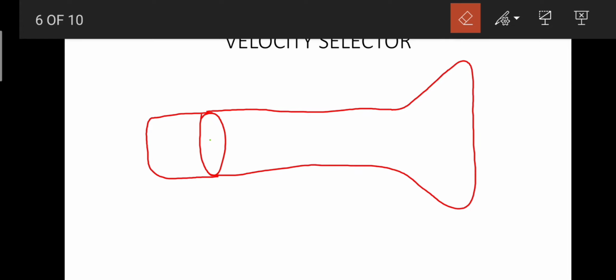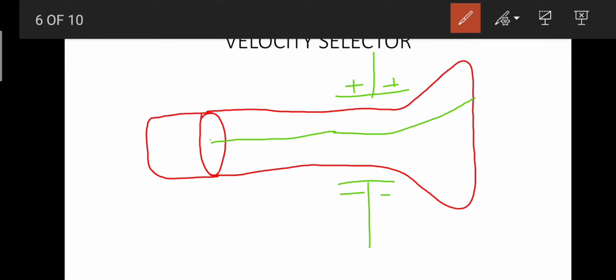Because of the effect of the electric field, all the electrons will tend to move towards this side, because they are electrons, so they will move towards the positive plate.